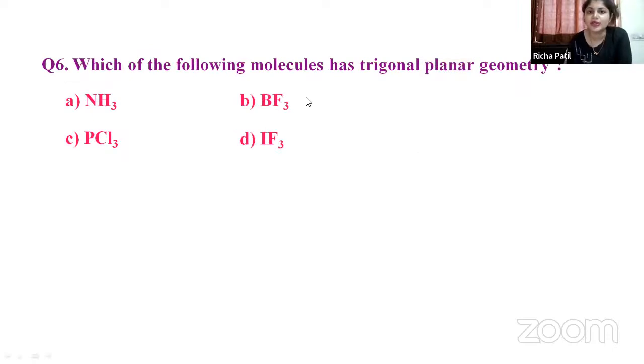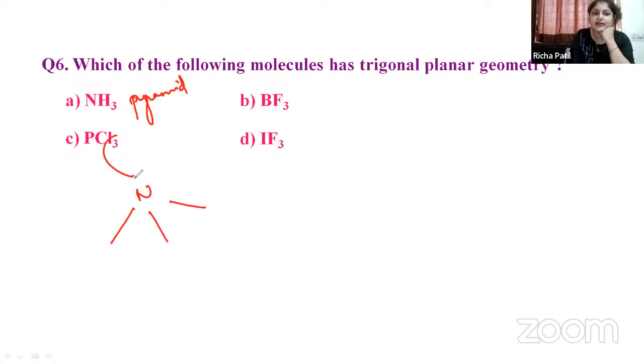Which of the following molecules has trigonal planar geometry? Ammonia has a pyramid structure, trigonal pyramidal. PCl3 also has a trigonal pyramidal structure, so these two are out. IF3 is also trigonal pyramidal.